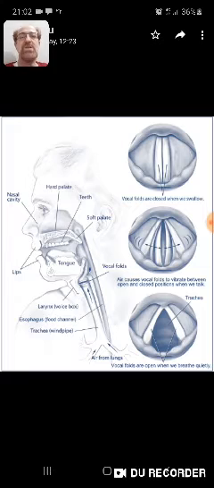If you look here, inside the Adam's apple, we have something called the glottis. What is the glottis? Look at my two fingers. The glottis is this gate that you can see on pictures 1, 2, and 3, to the left of the picture.